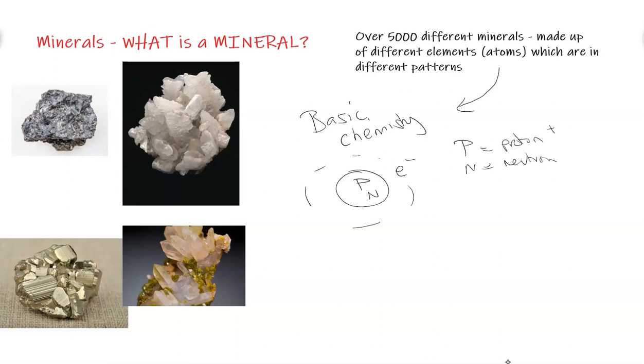So proton is positive, neutron has no charge, or let's say zero. I'm going to not use that little dash there, just put 0. And the electron is a negative charge. This is a charge. Charge meaning electrical capacity, right? So charge.